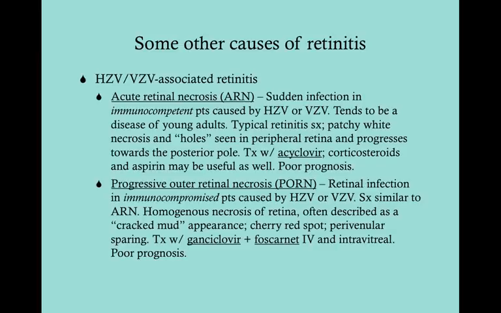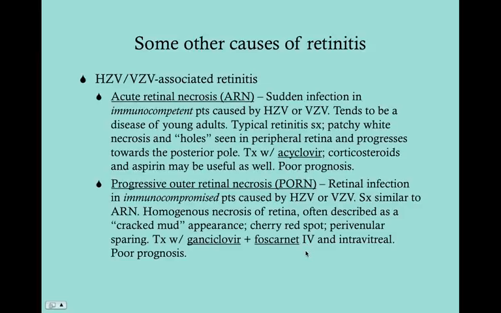And that is going to be a helpful way to differentiate this from the CMV retinitis, which immunocompromised patients, especially HIV/AIDS patients, are at major risk for. So this is treated, because this is also viral, typically with ganciclovir and foscarnet. And this can be administered either intravenously or intravitreal.